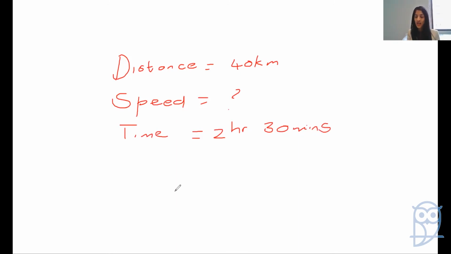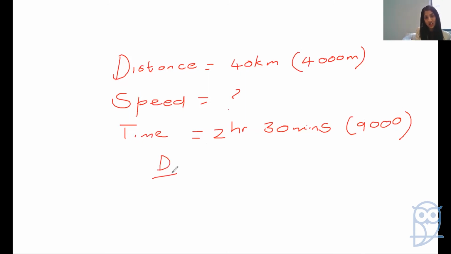So now how do we work this out? Firstly, our 40 kilometers becomes 4,000 meters, and our 2 hours and 30 minutes becomes 9,000 seconds. And so now we divide the two.